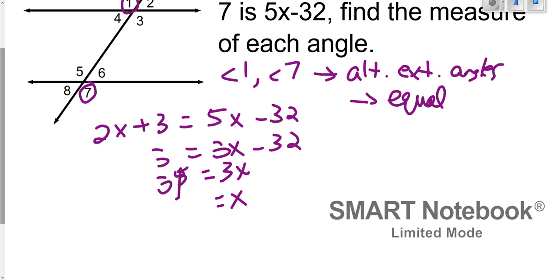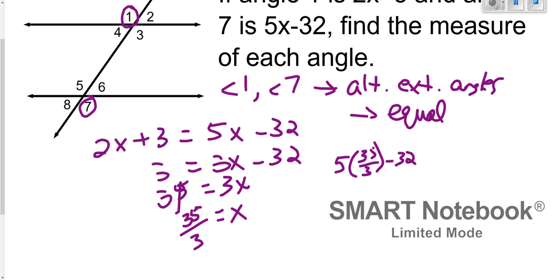as 35 over 3. So to find the measure of each angle, I have to substitute that in. So 5 times 35 over 3 minus 32. And the other one was 2 times 35 over 3 plus 3.